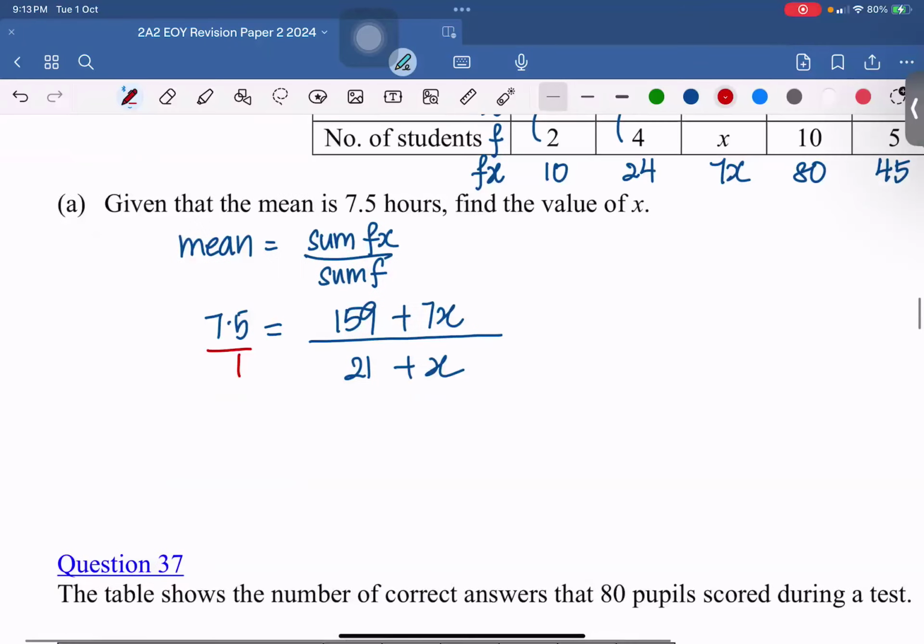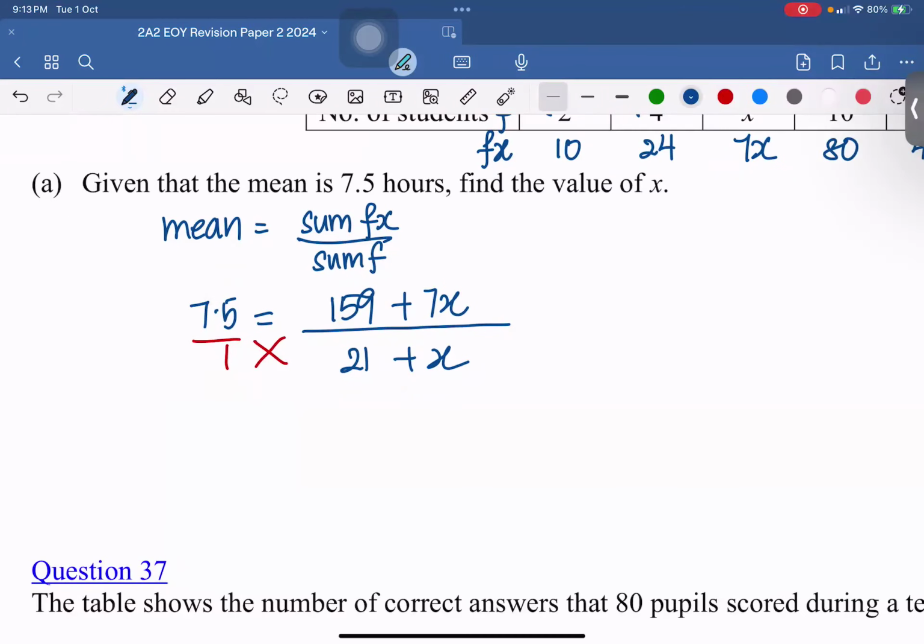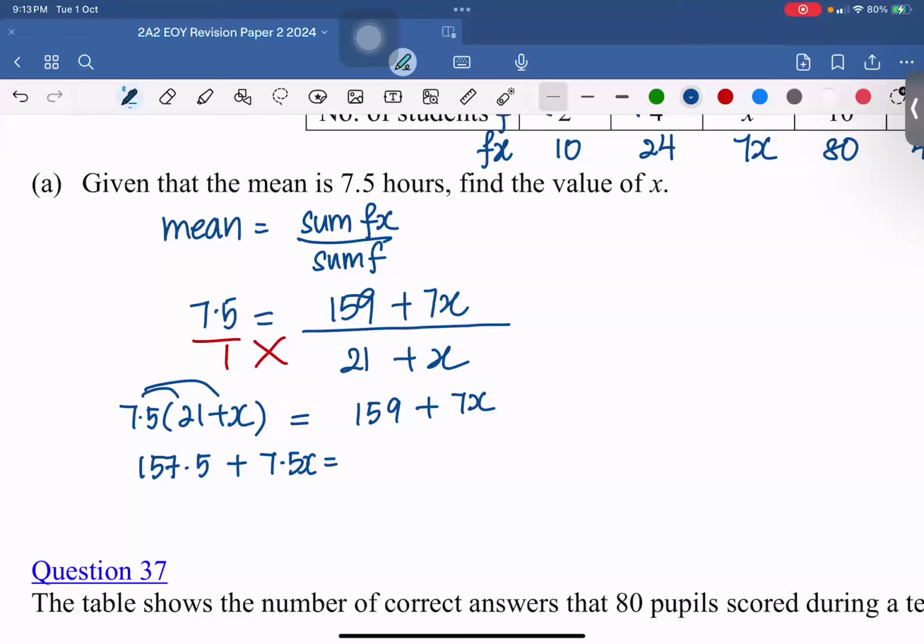So 7.5 times 21 plus x. How much is it? 157.5. Then the 7.5 multiplied by the x is this.